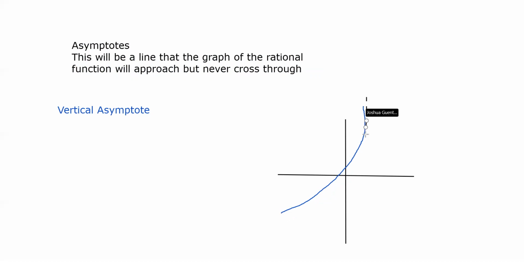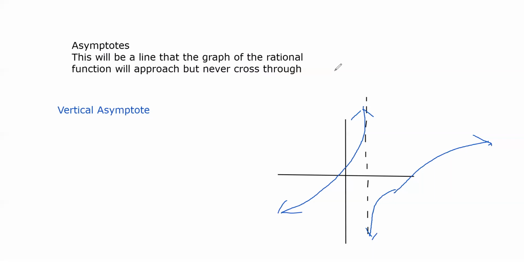I'll represent it with a dashed line. And the dashed line isn't actually on the graph of the function. This is just to help you see it. And then perhaps it comes back down on itself, or does something like this. So from either side, it may be trying to approach that vertical line, but it's never going to quite cross it or touch it. That's what a vertical asymptote is going to be.